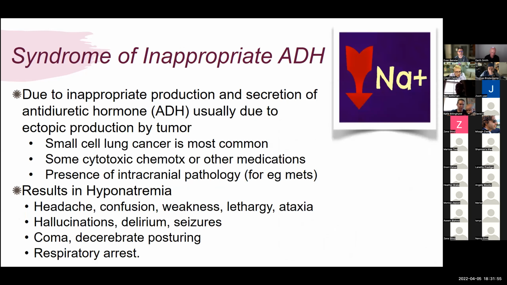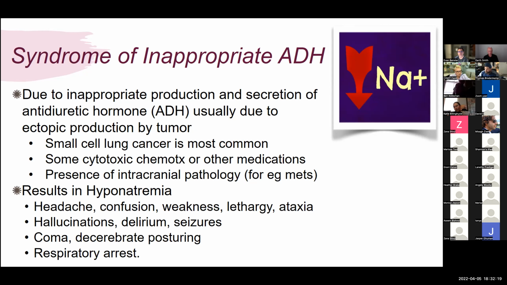So another metabolic oncologic emergency would be the syndrome of inappropriate ADH secretion. So you may have noted that she was hyponatremic. And not all patients who are hyponatremic have SIADH. I'll just let you know, in her case, she was a bit dry and with some IV fluids, the sodium recovered.